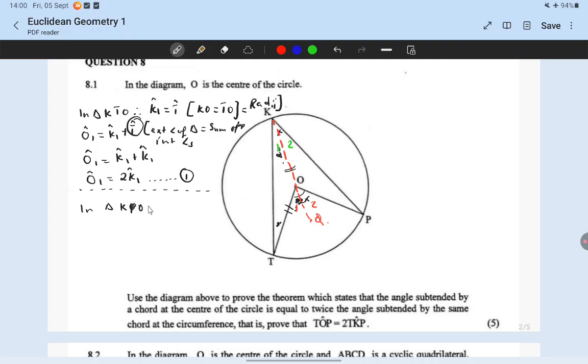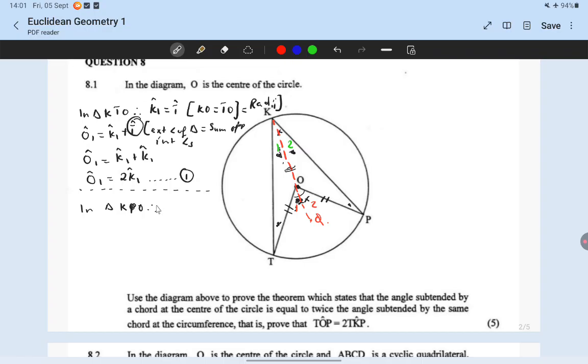PO. So in triangle KPO, we can also see that our angle K2 is equal to our angle P, because these lines are equal, they're radii. A radius is any line from the center to the circumference.